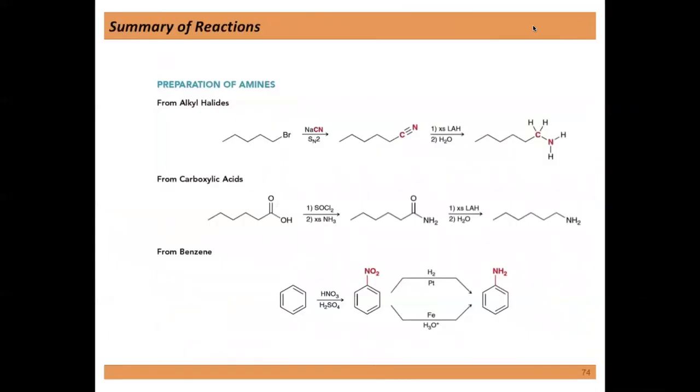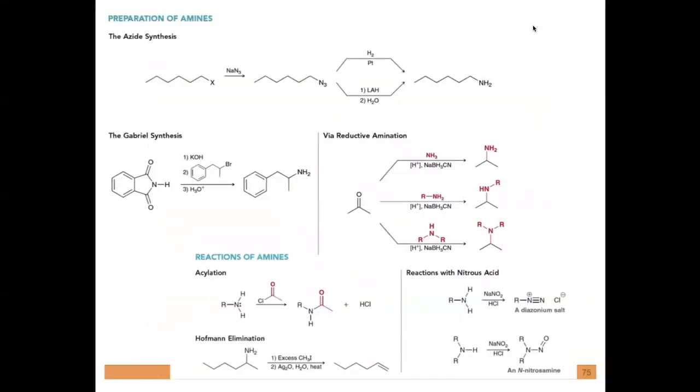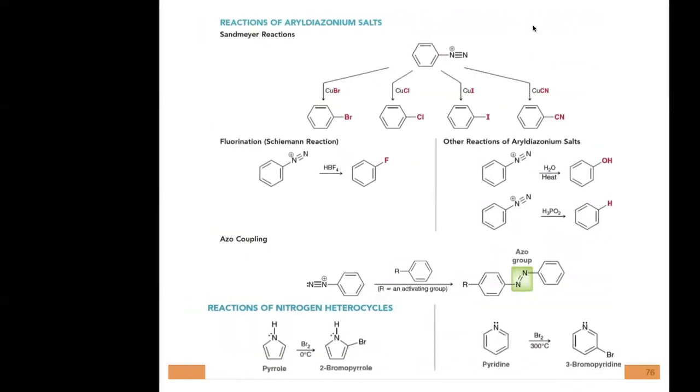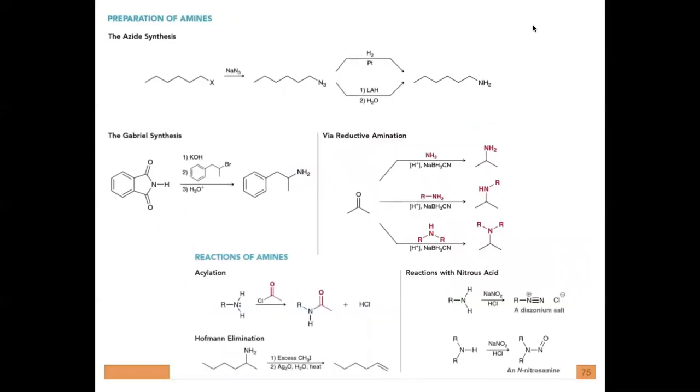And then, again, summary of reactions. So preparation of amines that we just reviewed at the start of this lecture. And then let's go back to the reactions of amines. What we covered today was we can acylate them, and then we can react them with nitrous acid.